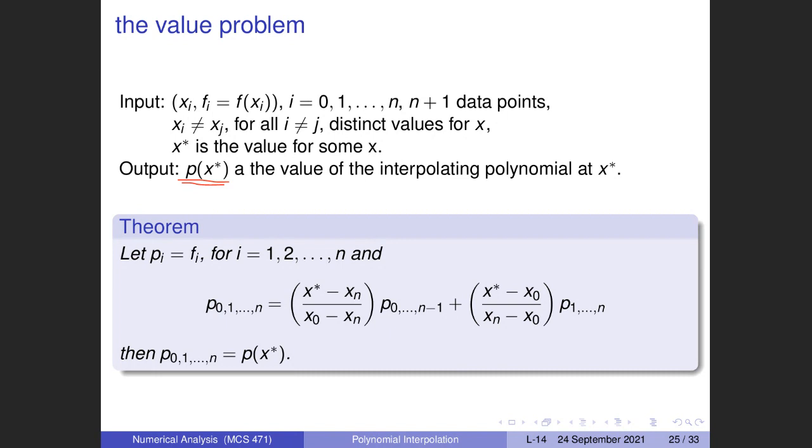Now we will solve this problem recursively, proving the following theorem. We will prove that if you want to solve the interpolating polynomial through n plus 1 data points, then that can be solved by interpolating the interpolation through the first n points and then through the last n points.